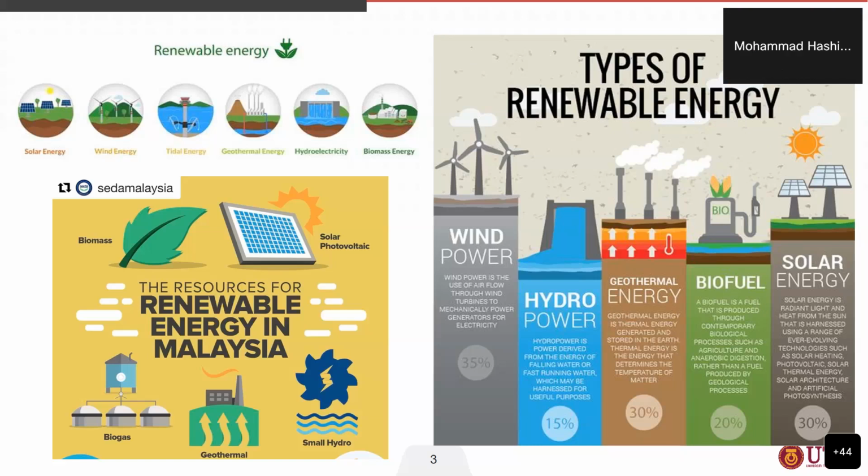What else? In Malaysia, apart from hydro and solar, what other renewable energies can we find particularly? Any other students here? Why so quiet?